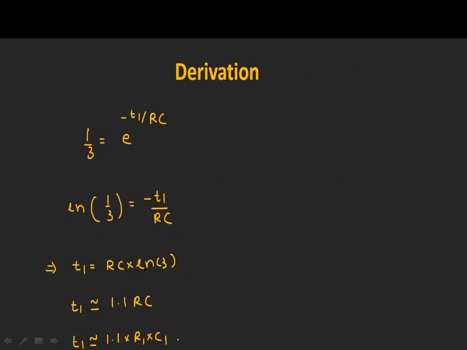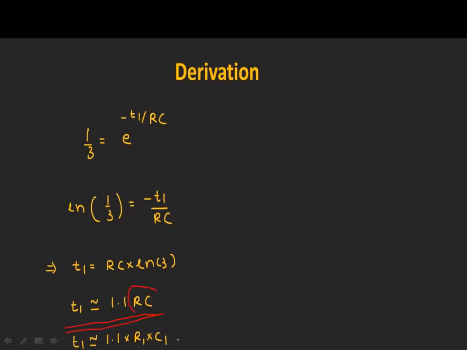Taking the natural logarithm on both sides, T1 is equal to RC ln of 3, which is 1.1 RC. So we obtain T1 is equal to 1.1 RC.